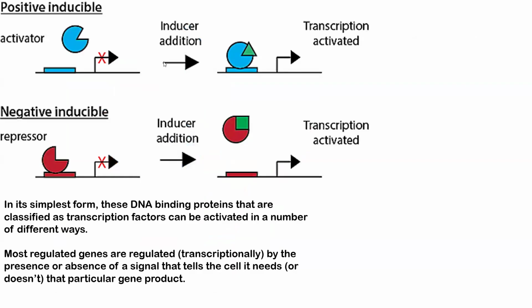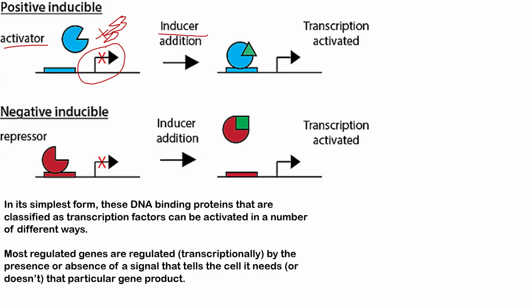Now, transcription factors come in four different forms depending on how they work. One is what we call a positive inducible transcription factor, where the activator exists, and in the absence of that signal, whatever that signal is, there's no transcription because there's no added RNA polymerase from binding to that element.